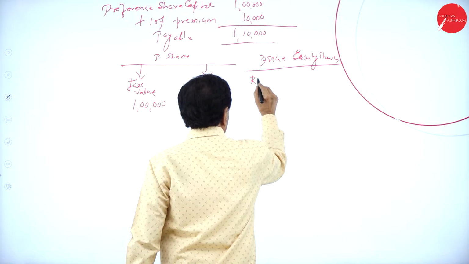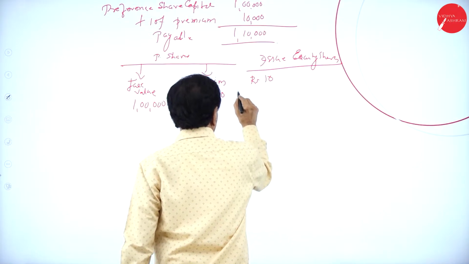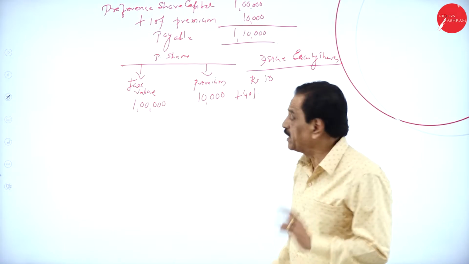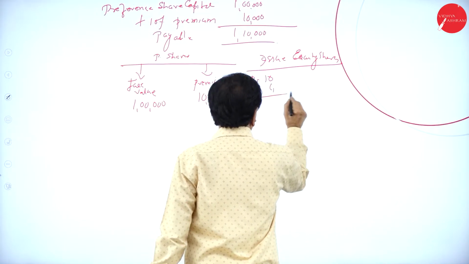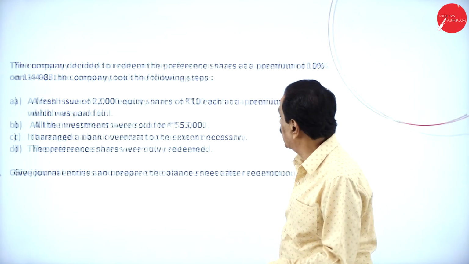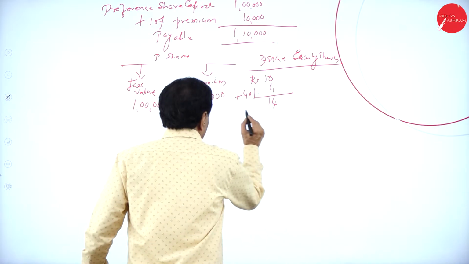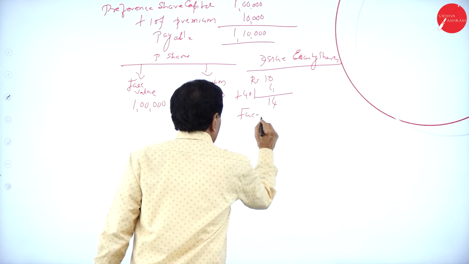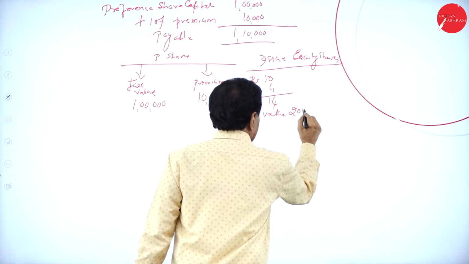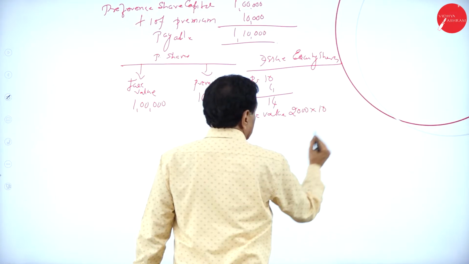Rupees 10 plus 40%. 40% of 10 is 4. Issued at 14. How many shares were issued? 2,000 shares. So, face value, 2,000 into 10. This is 20,000.